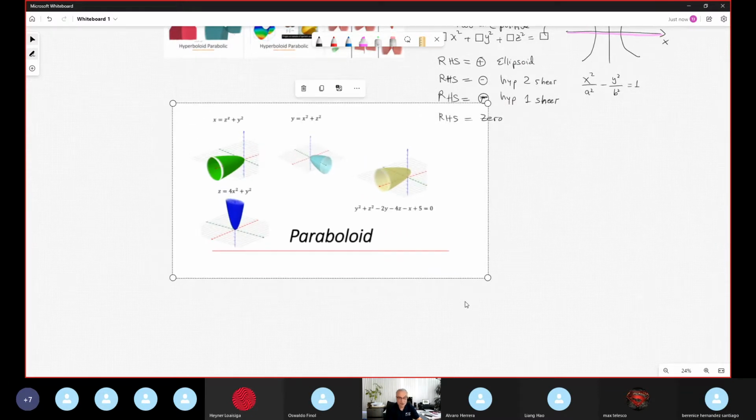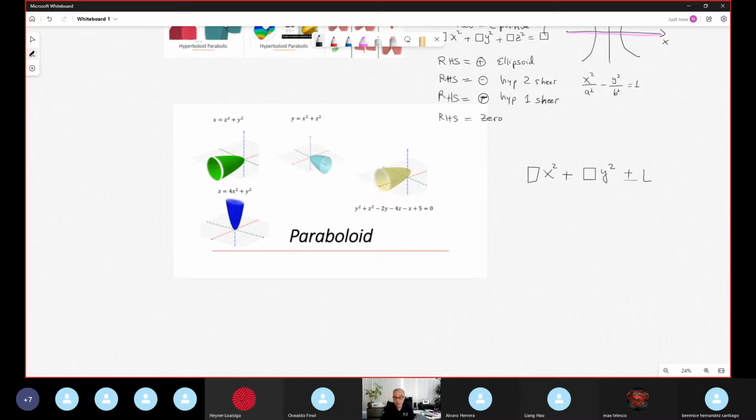Paraboloid equation is different. Look. Suppose one number x squared plus one number y squared plus or minus, depending on the direction the paraboloid opens, one number z equals 0.